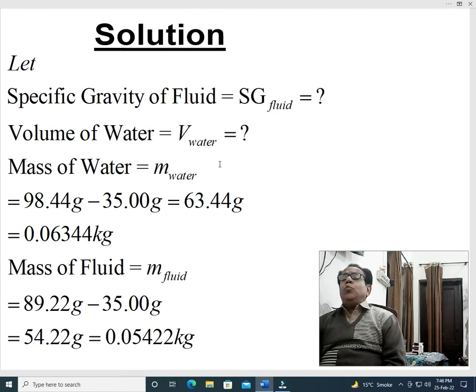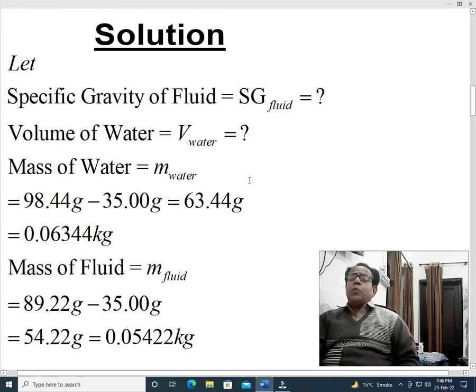When we are moving from a smaller unit to a bigger unit, we have to divide, and when going from a bigger unit to a smaller unit, we have to multiply. So when converting gram into kilogram, we divide by 1000, and 63.44 gram will be equal to 0.06344 kilogram.